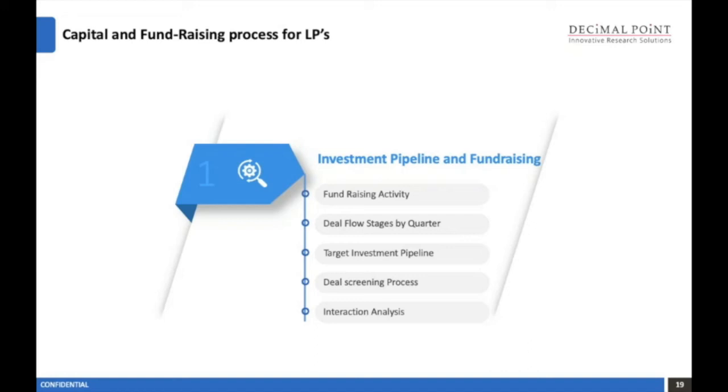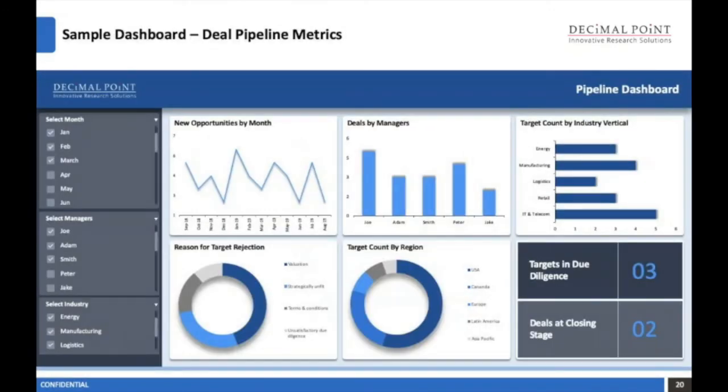So starting off with the capital and fundraising process for LPs, we are looking at processes such as progress in fundraise, targeted investments, deal screening, different details of related transactions, etc. As we go through some of the dashboards that are coming up, we will see how these functions can be represented in a useful manner that will allow business leaders to take effective decisions.